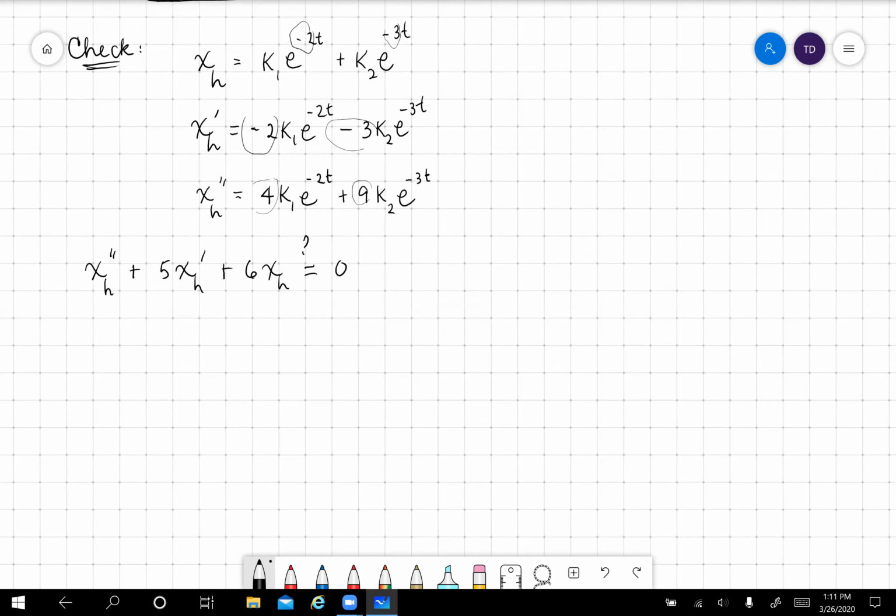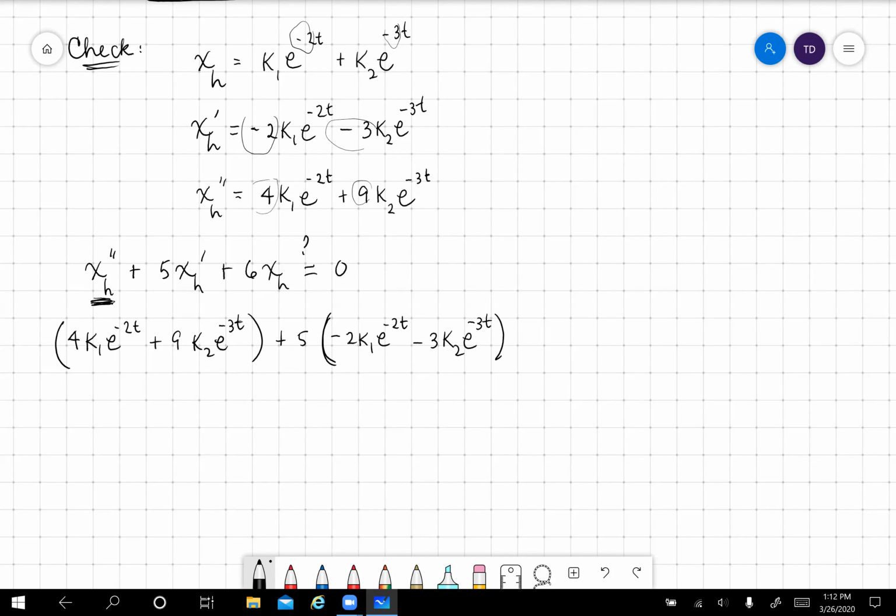Is it? Let's check. 4K1 e to the minus 2t plus 9K2 e to the minus 3t. That's that term, plus 5 times (minus 2K1 e to the minus 2t minus 3K2 e to the minus 3t).